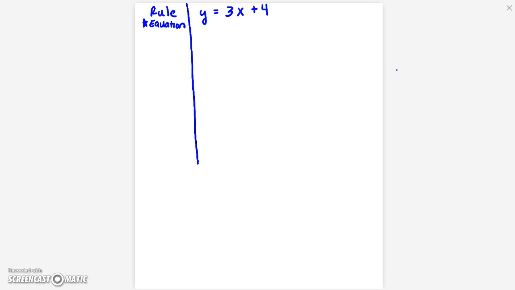Since it's an equation, I can also look at it as a table and as a graph, right?